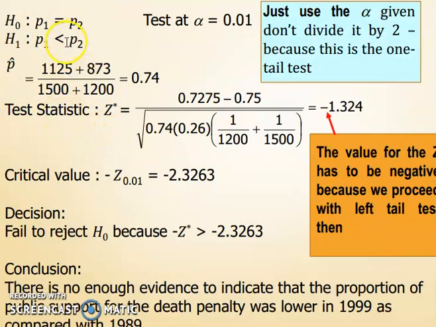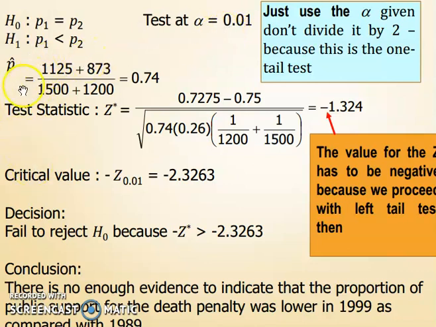So stating the null hypothesis, H null: P1 equals P2, and H1: P1 less than P2. This is using population parameters. And alpha is 0.01. Since it's a one-tailed test, we do not have to divide this by 2.